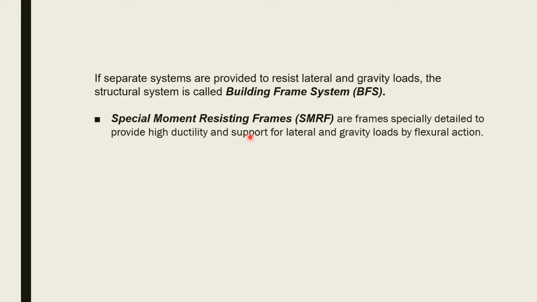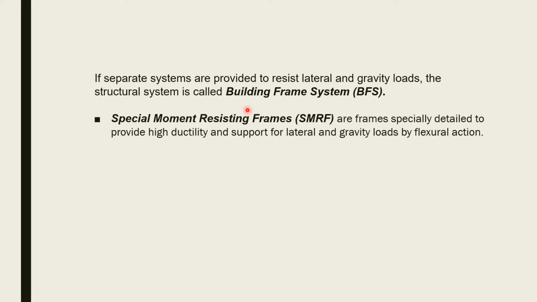Special moment resisting frames are frames specially detailed to provide high ductility and support for lateral and gravity loads by flexural action. Flexural action means moment shear action. What is a special moment resisting frame? When we design a simple beam or simple column, the rest of the procedure in designing members is the same.